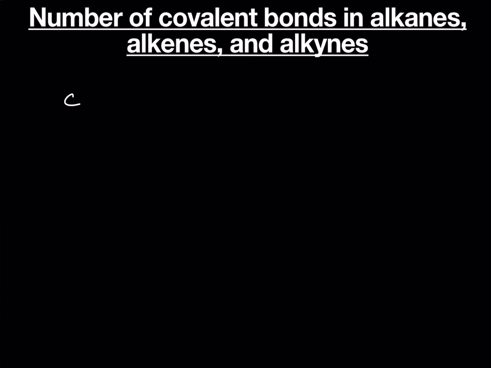Alkanes are hydrocarbons with the general molecular formula CnH2n plus 2, where n is an integer that we know. Let us say we were given the molecular formula C2H6 and we are asked to calculate the number of covalent bonds in C2H6.